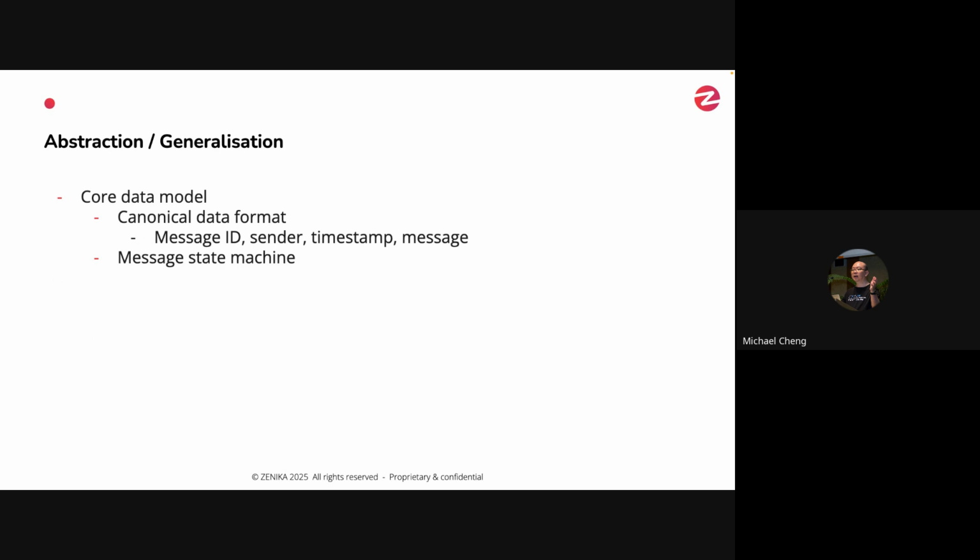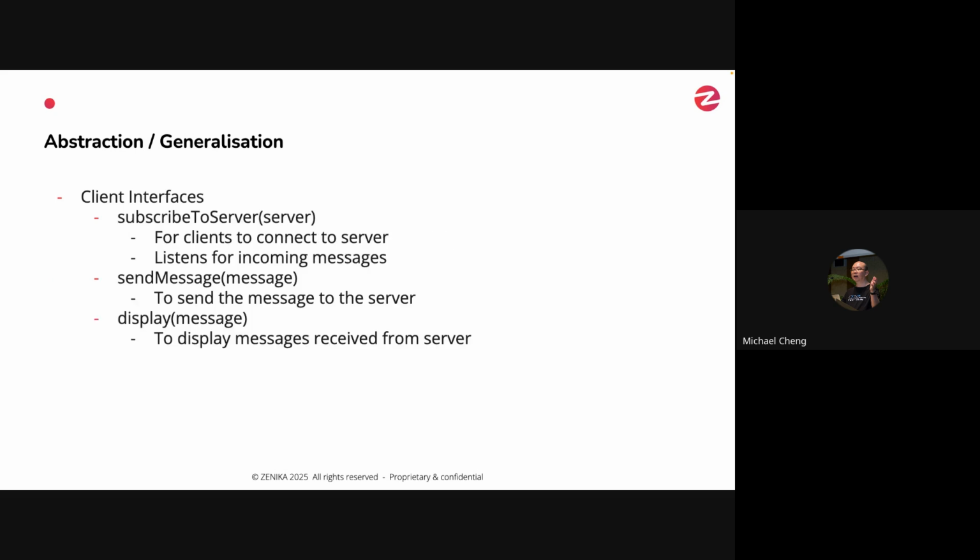Right? So now we move on to the third step, which is to abstract the information. We have the core data model. This time I'm going to choose a canonical data format. I'm going to go with something like message ID, sender, timestamp, message, right? And then we have a message state machine.